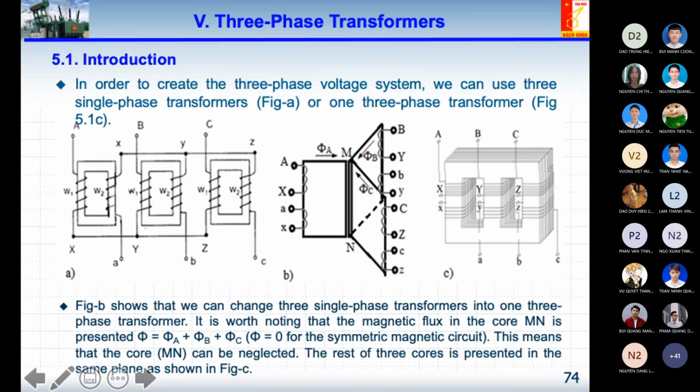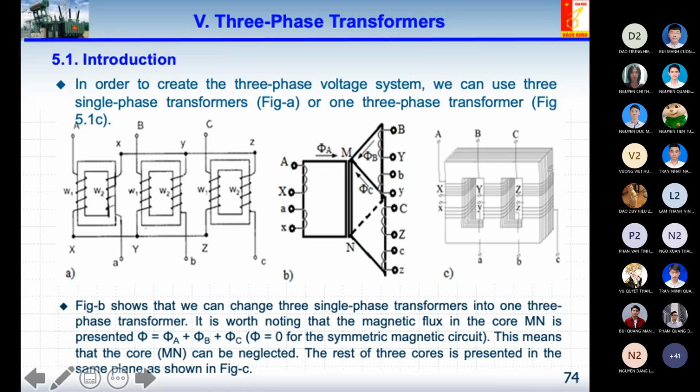Once the central core limb can be removed, it means that we can push phase A, phase B, and phase C into the plane like this, without the central core limb anymore.